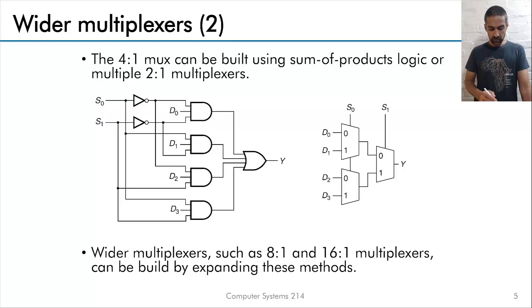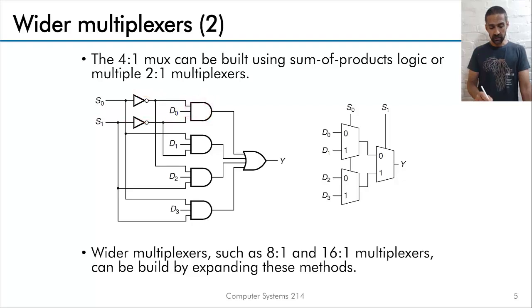Okay, so the 4-to-1 multiplexer that I've got on the slide here, you can see there's data 0, data 1, data 2, and data 3, and each one of these AND gates just acts like an exclusive activation gate. Let me explain what I mean by that. The NOT of S1 and the NOT of S0 goes into this gate.